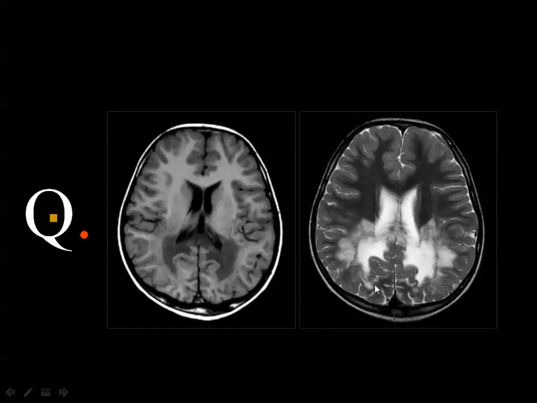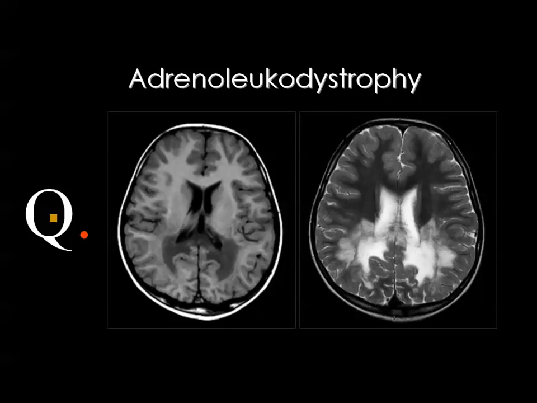There is abnormal white matter signal, especially located around the trigone of the lateral ventricles and in the occipital area, bilateral and symmetric, low signal in T1, high signal in T2, and if you inject contrast material, it will show marginal enhancement, and this is diagnostic of adrenoleukodystrophy.